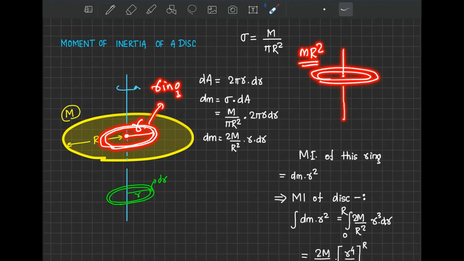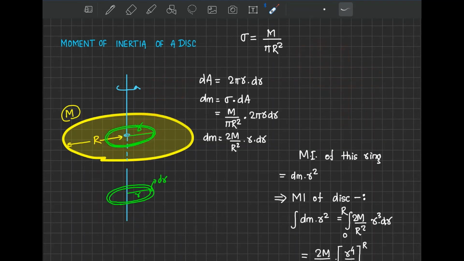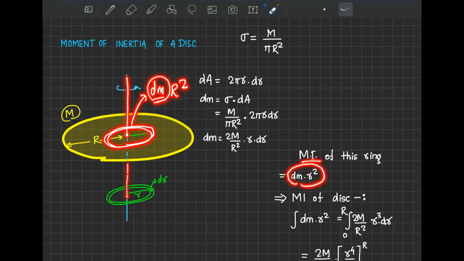Now let's say this ring has a small mass dm. We need to find this dm, but for now let's write the mass as dm. Then this ring's moment of inertia will be dm into r square, because the axis is passing through its center and it is perpendicular to the plane. So the moment of inertia of the small ring is dm into r square.